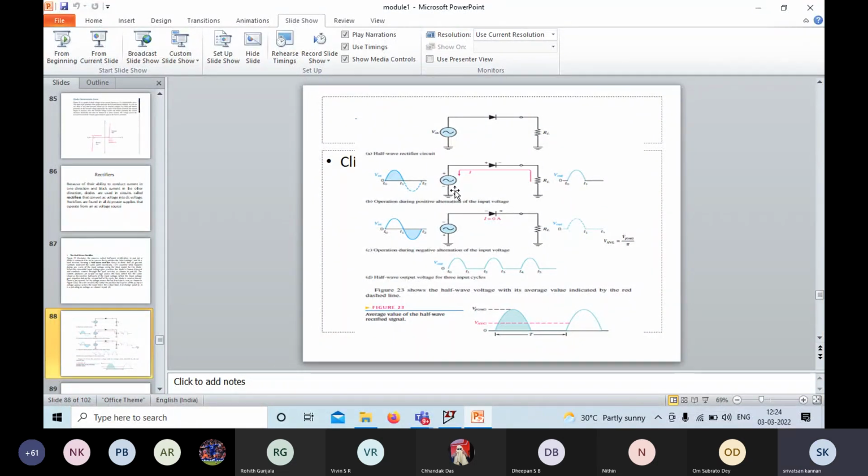So the output voltage across this resistor is 0. Can you simulate this circuit in LTspice? You need an AC power supply, right? 230 volt, 50 hertz frequency.